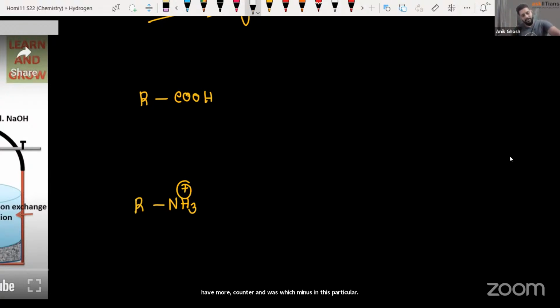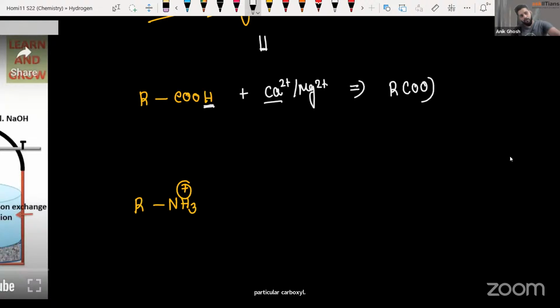Now, guys, what actually happens is when you pass the hard water through, the hard water contains calcium or magnesium in it. Focus now, guys. It contains calcium and magnesium. What would it do? The calcium would displace the hydrogen and make a salt with that particular carboxylate. So what would it make? (RCOO)2Ca and H.